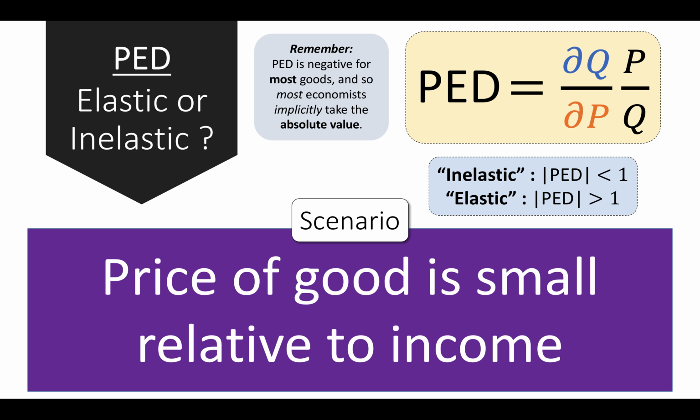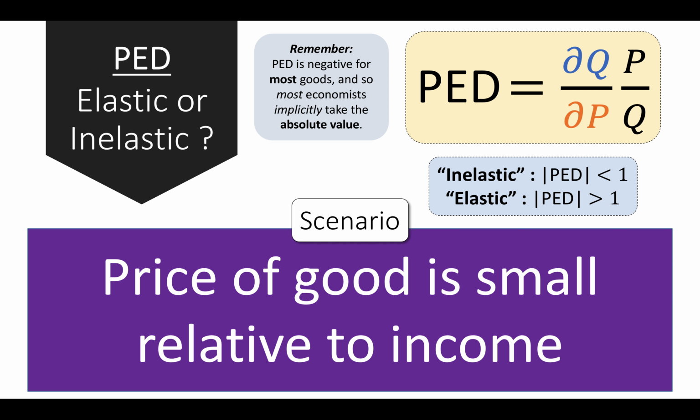Now, imagine we had another good whose price was very small relative to your income. Again, think about this. It's actually kind of hard to think of a lot of examples of these nowadays, but these are things you don't even think about because the price is so small.